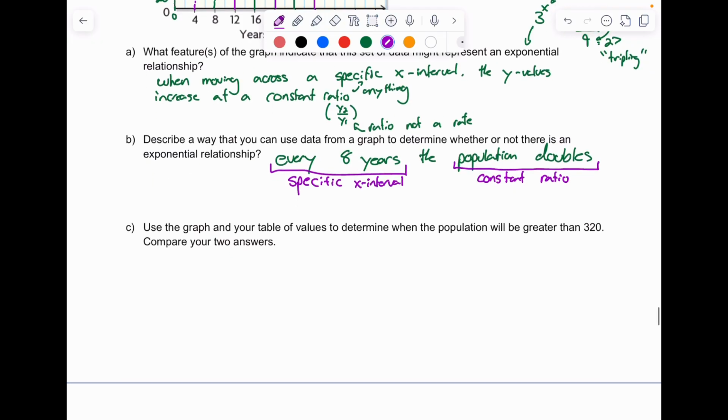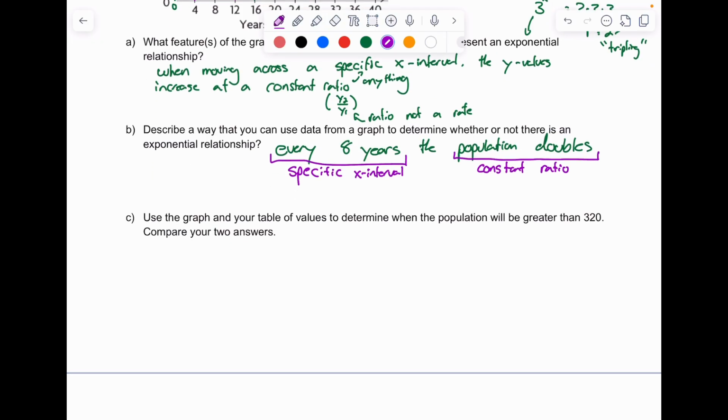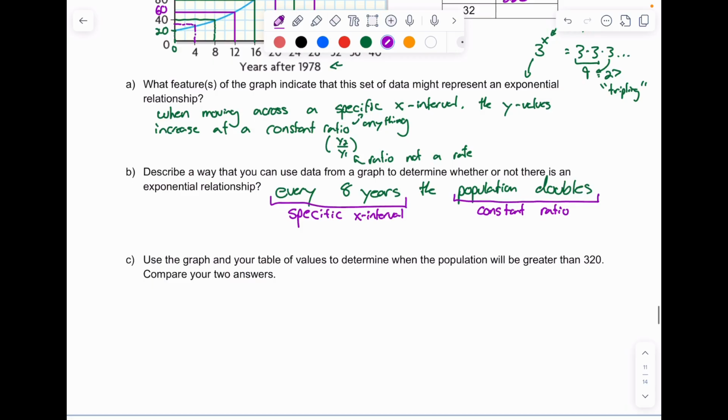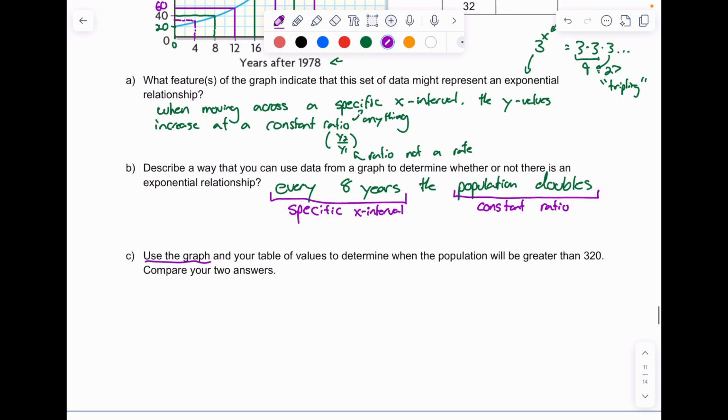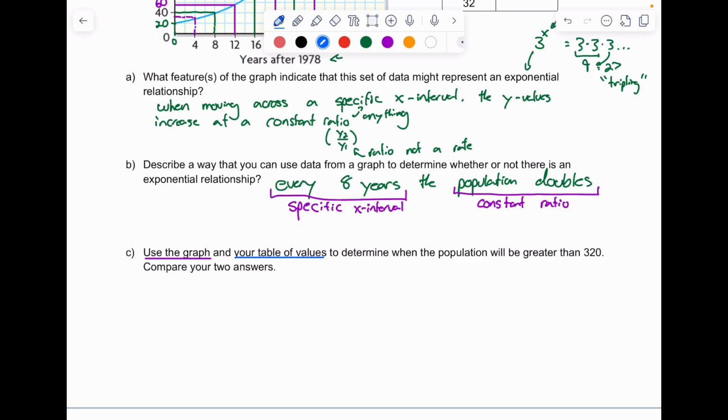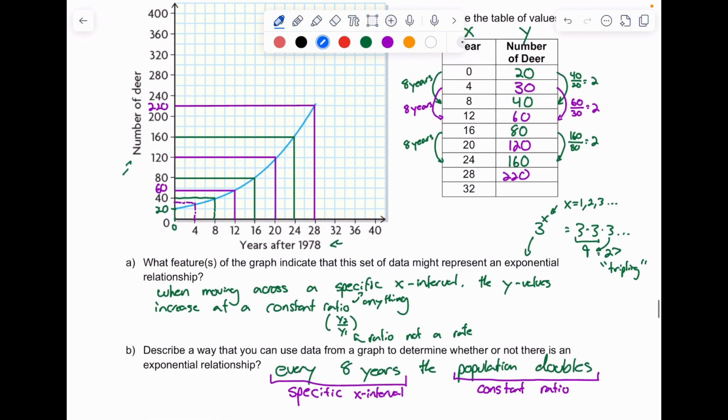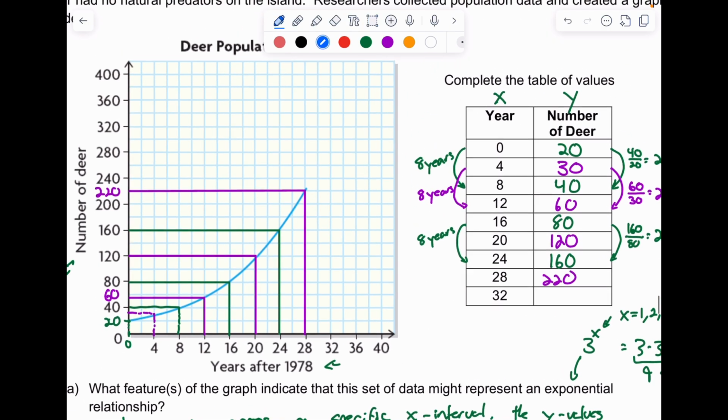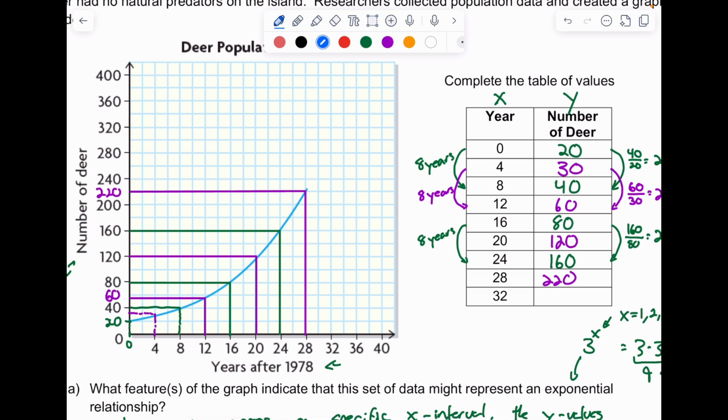So use the graph and your table of values to determine when the population will be greater than 320. Okay, so it's saying use your graph, and then it says using your table of values. So we're going to do this two ways. If I use my graph, well, the graph is going to be a very rough estimate.